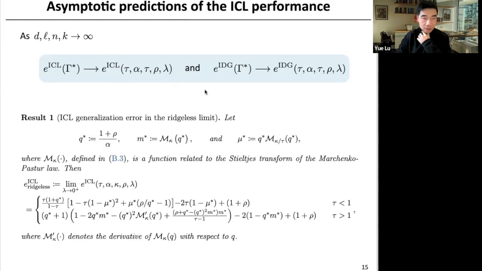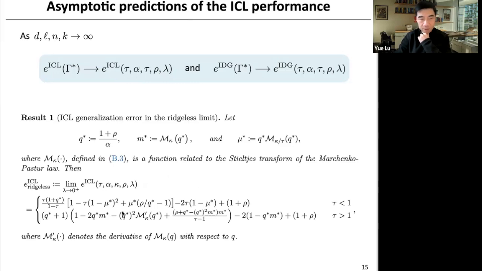Let me just give you the formula, but you don't need to focus on the specific details. The point of showing this formula is just to say that all these generalization errors have well-defined deterministic limits that are only determined by a finite number of global parameters in the problem setting.